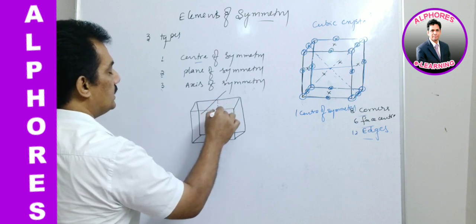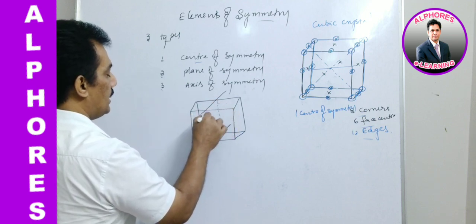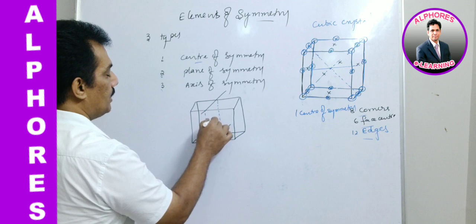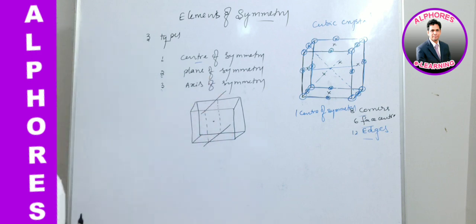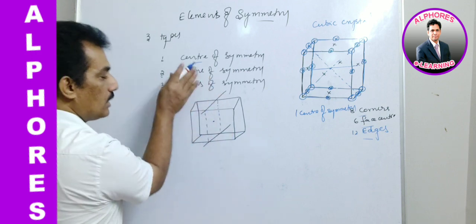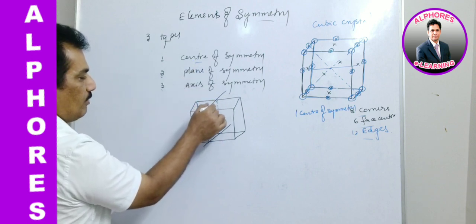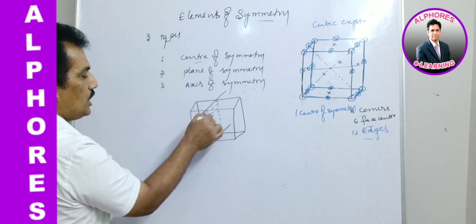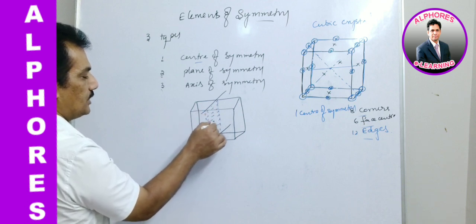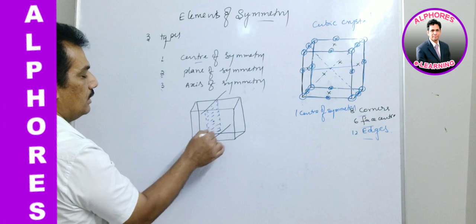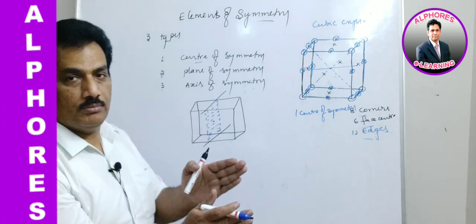Here it is the center of symmetry and this plane is passing through it. When we cut this object through this plane, it makes two equal halves which are mirror images to each other.